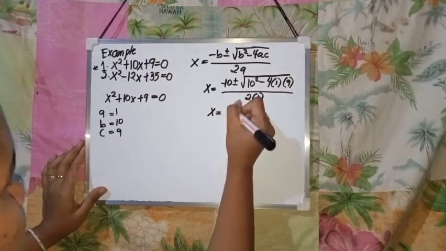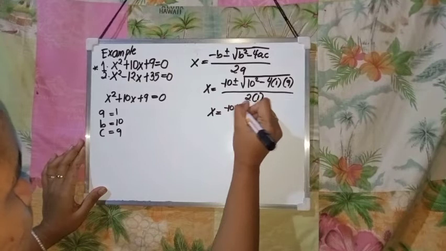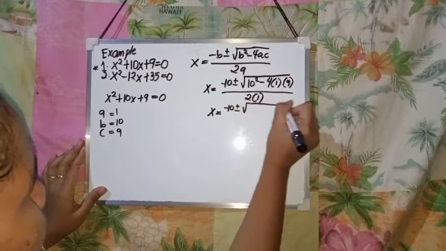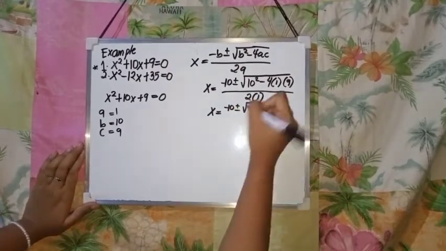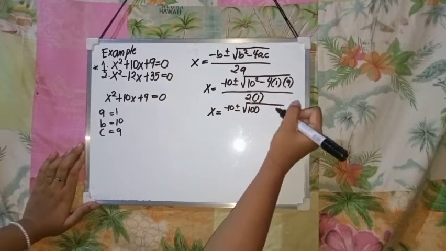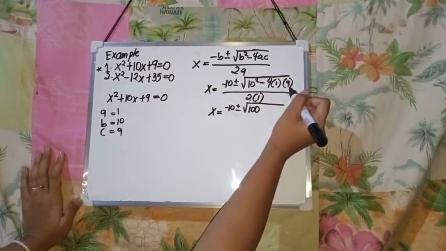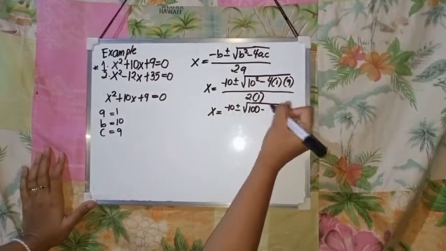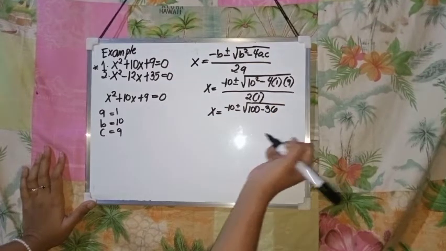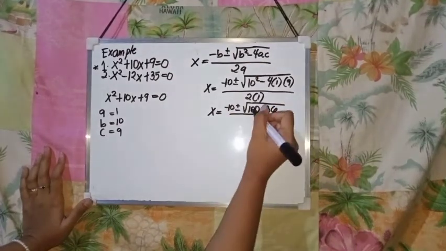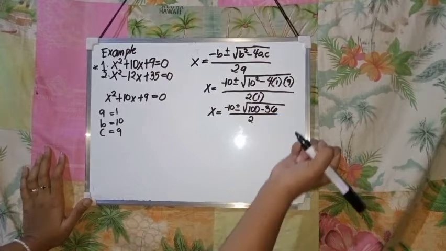X is equal to negative 10 positive negative square root of 10 squared, which is 100, negative 4 times 1 is negative 4, and negative 4 times 9 is negative 36, over 2 times 1, which is 2.